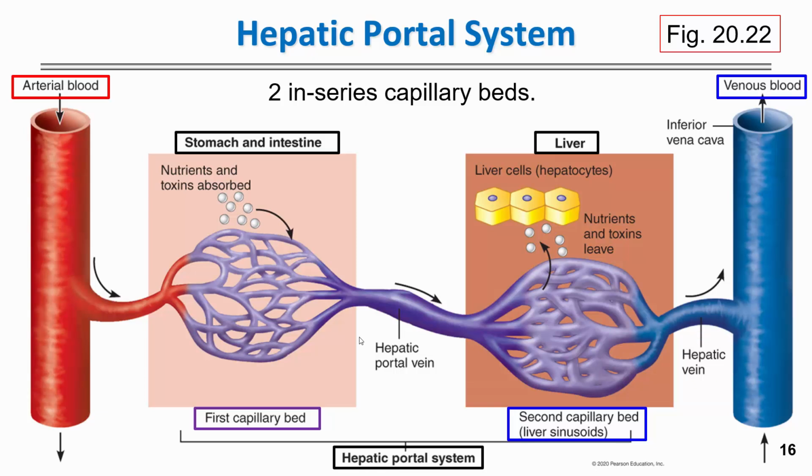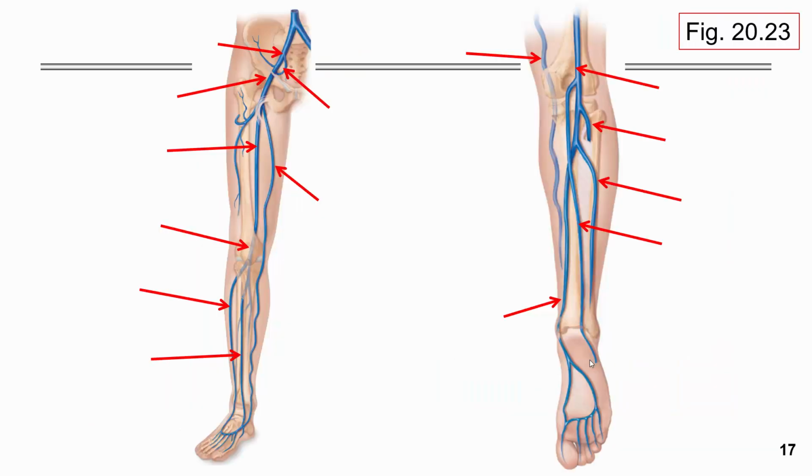The main point to note is that the hepatic portal vein is the vein in between the two capillary beds. The hepatic vein is the last vein that leaves this entire portal system.